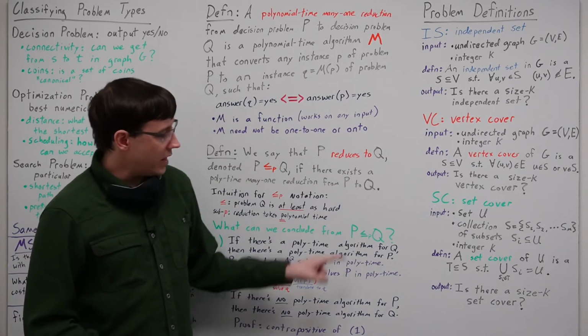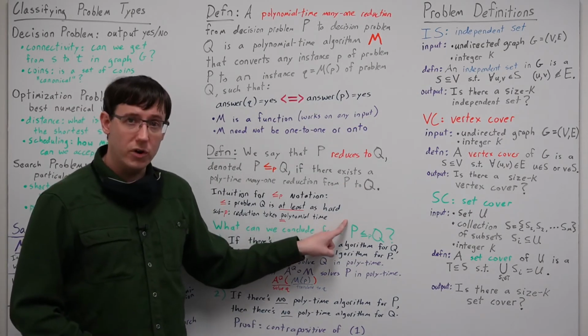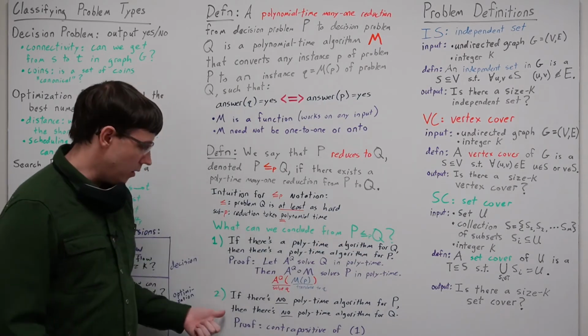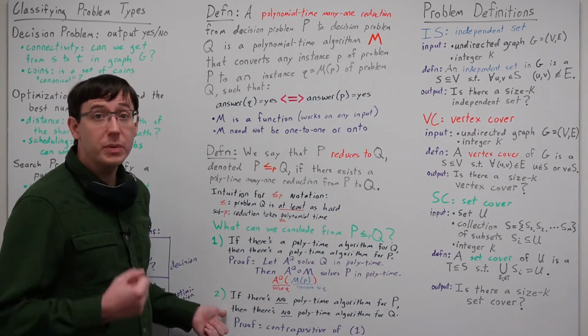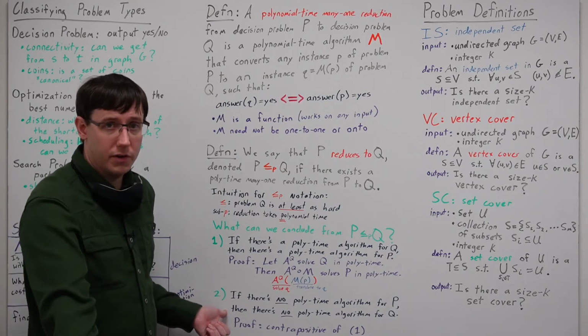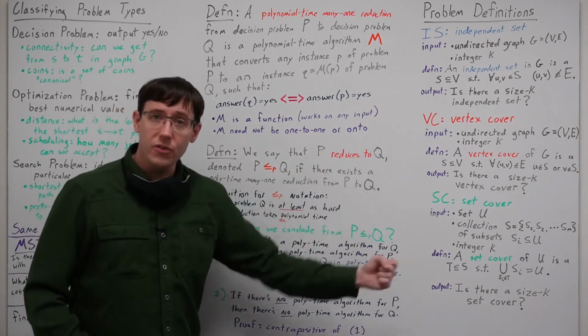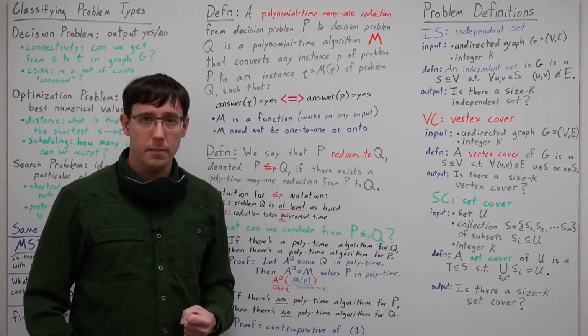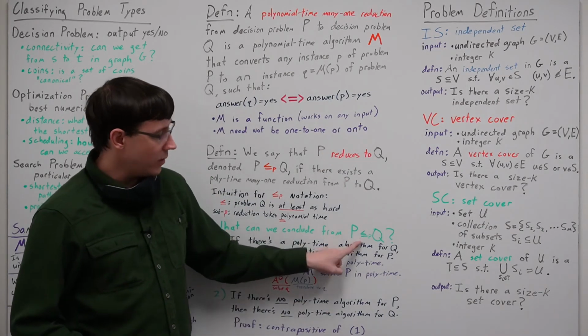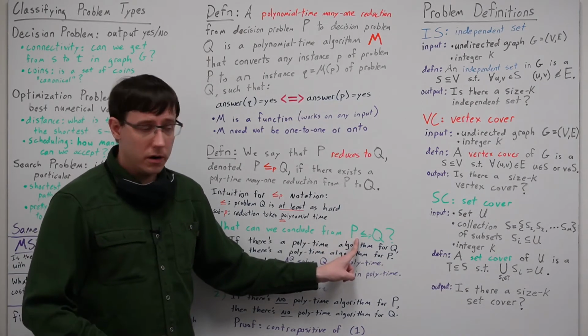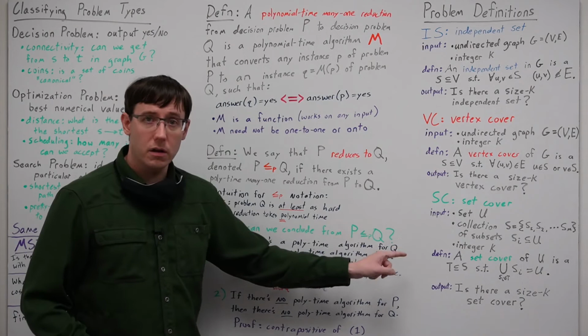So this means that if we have a polynomial time reduction from problem P to problem Q, if we can also show that problem P is hard to solve efficiently, this would imply that problem Q is also hard to solve efficiently. And that's why we use a less than or equal to sign here, because if P is hard, Q must also be hard.